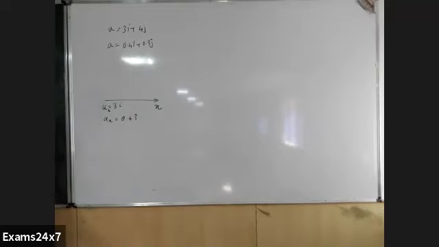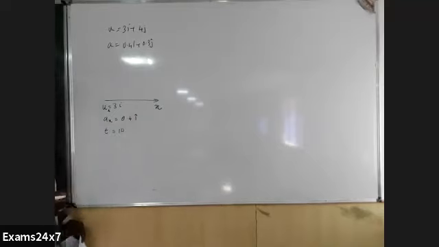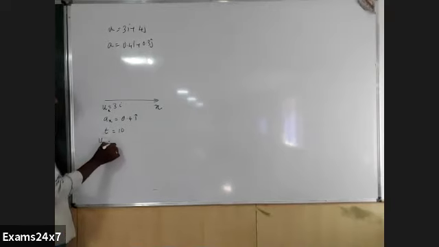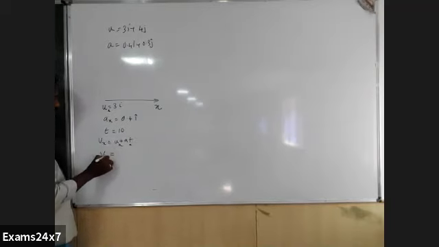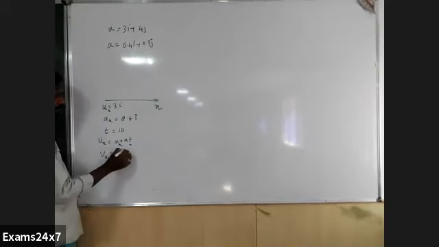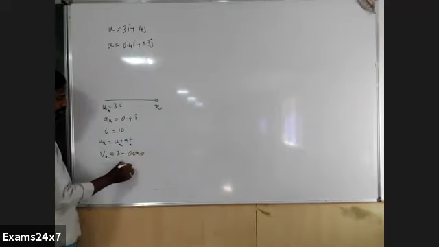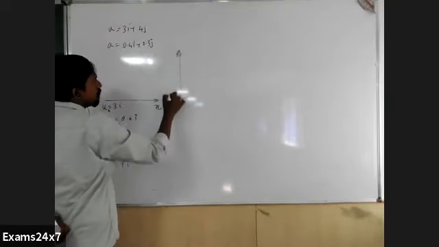Time for which it is moving, 10 seconds. You tell me what is final velocity vx, equal to ux plus axt. Final velocity along x-axis is 3 plus 0.4 into 10, which is 7.